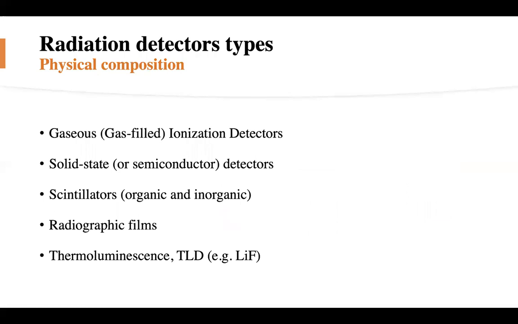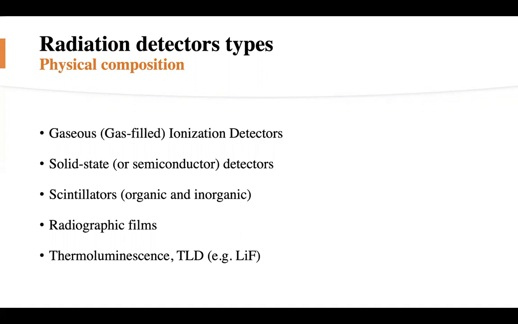Different types of radiation detectors. Detectors can be classified by the material used to build the detector. For example, in this case, gaseous detectors. This is a kind of classification for different detectors: gaseous detector, because the main or active medium is gas.